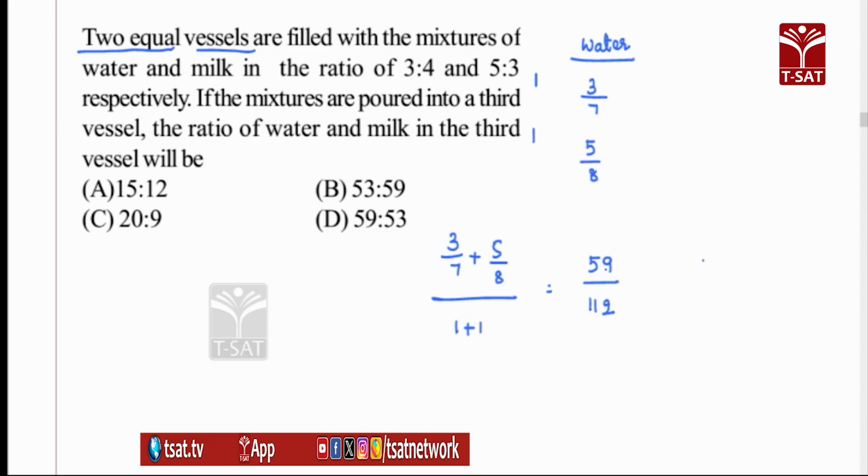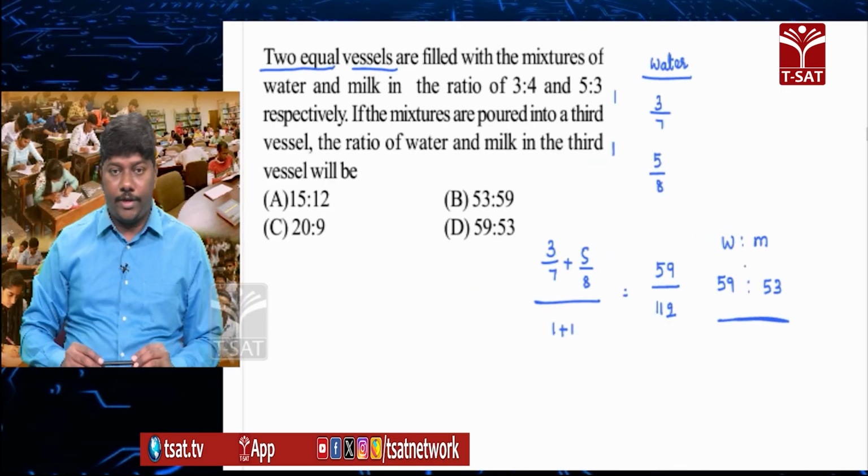So water is 59 and remaining 53 is milk. So if I ask you what is water is to milk ratio, 59 parts out of 112 parts of water, then the remaining is milk, that is 53. Together they make 112. So answer is 59 is to 53.